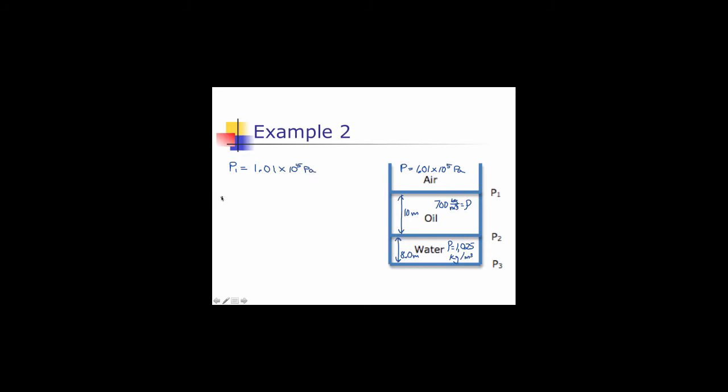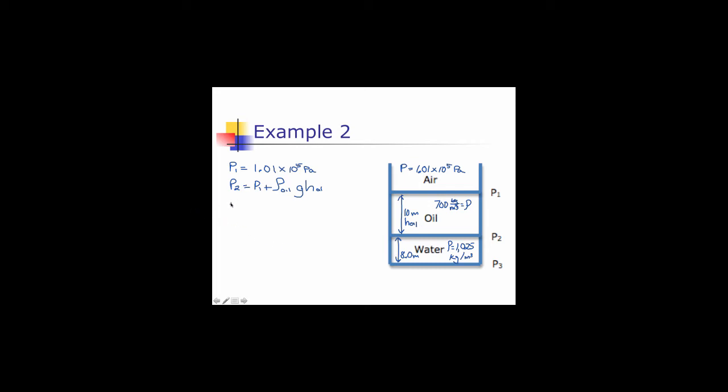Now, as we go deeper in the oil, the weight of the oil adds pressure, and so at point 2, the pressure would be what it was at point 1 plus whatever contribution we get from the oil, which is the density of the oil times g times the height of the oil. And remember, this 10 meters is what we're calling the height of the oil.